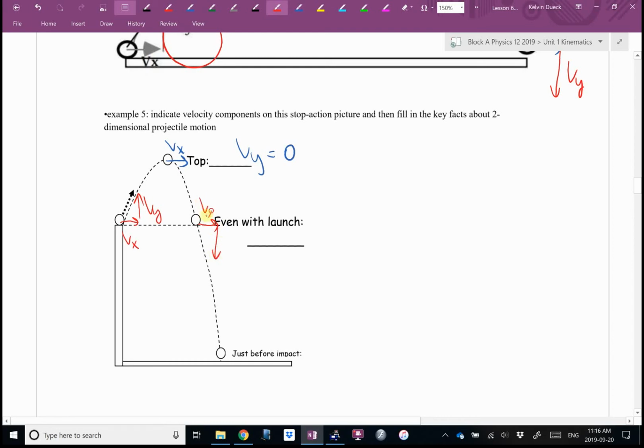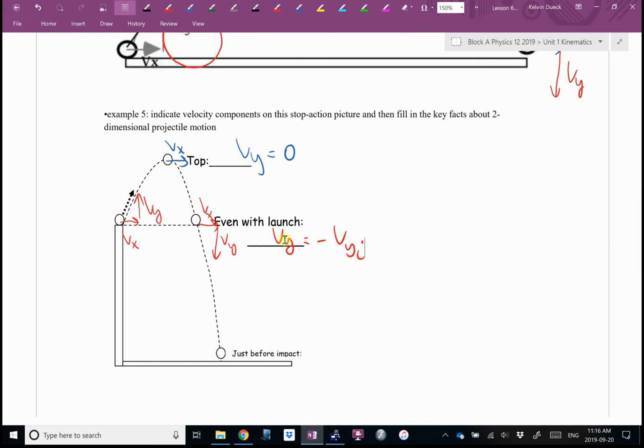Vy would be the same length but pointing downwards as Vy was pointing upwards. In other words, when we get even with the launch, Vy equals the opposite of Vy initial. If, when we broke up that slanty vector into components, Vy right here ended up being 12 meters per second, I'm telling you right here it's negative 12 meters per second. Because what goes up must come down. If you know you're at the same height, you can make that assumption.